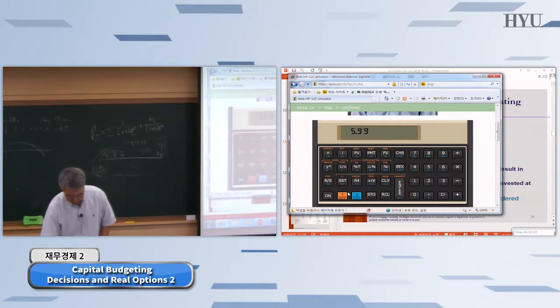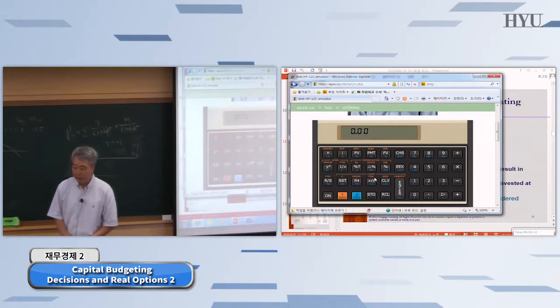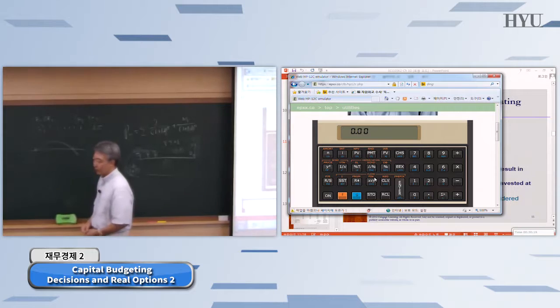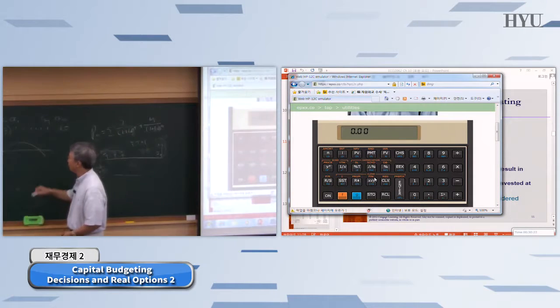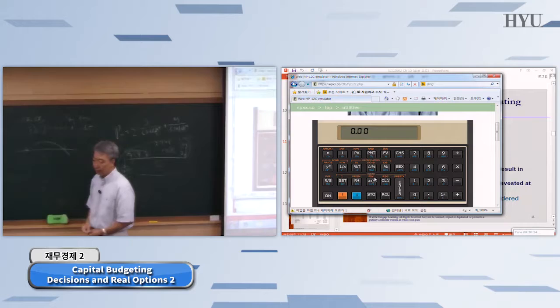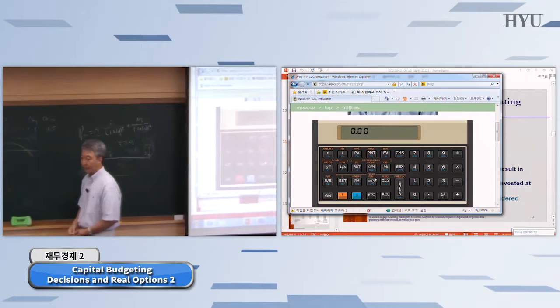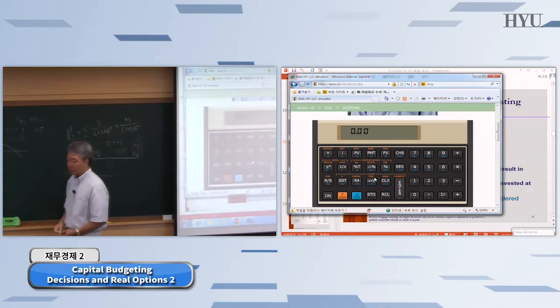Clear the financial function and the register. I'll give you 1 minute to try. So you should enter -3 as the CF0, and 1 as CFj, repeating 9 times. And the final cash flow is -6.5. And then simply press the orange key, IRR.